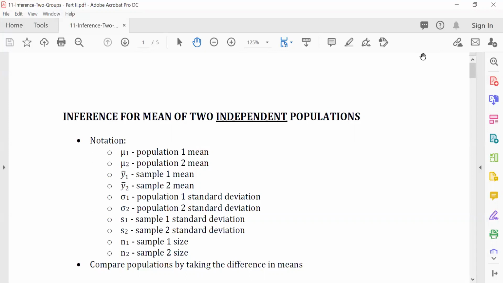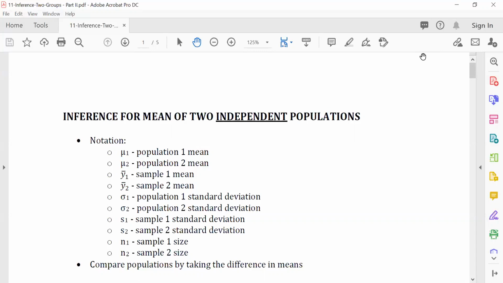Do you guys still remember what an independent group is? That means the two groups are independent of each other. So it's most likely from a completely randomized design. And the example we have seen is, do Americans listen to more music?